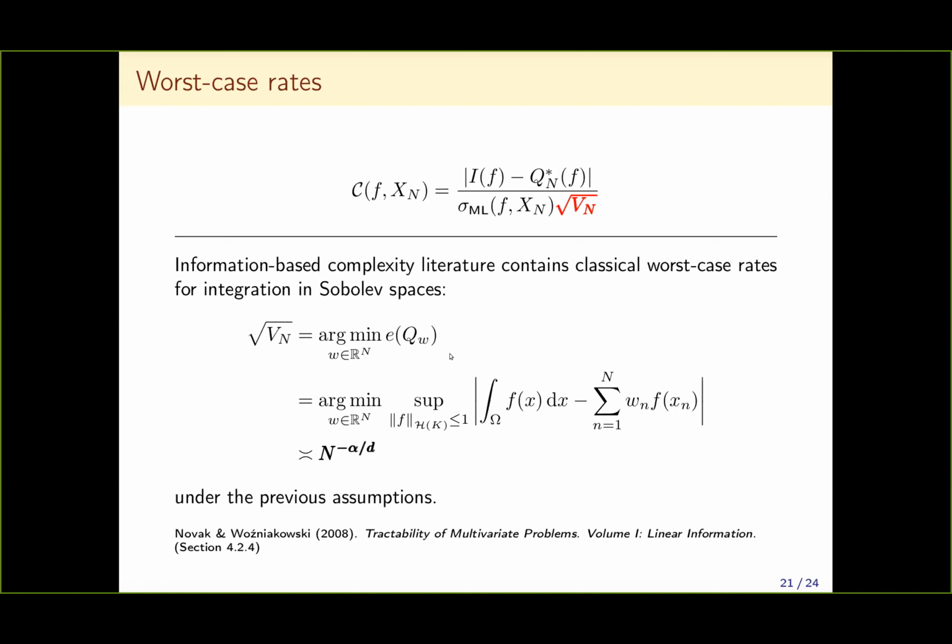And now we can use results from information-based complexity literature, which show that again, if the points are quasi-uniform and the RKHS of the kernel is norm equivalent to a Sobolev space of smoothness alpha, then this STD has a sharp rate of decay of n^(-alpha/d).